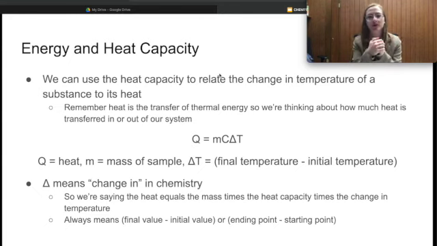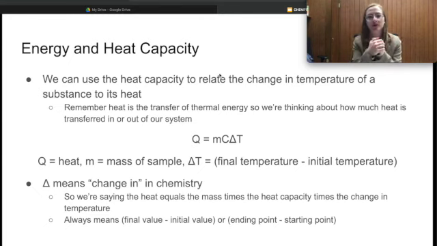We're told that we're going from 32 degrees Celsius to 50 degrees Celsius, so that means our starting temp is 32, and our ending temp is 50.00 degrees Celsius. So that's the information we're given.